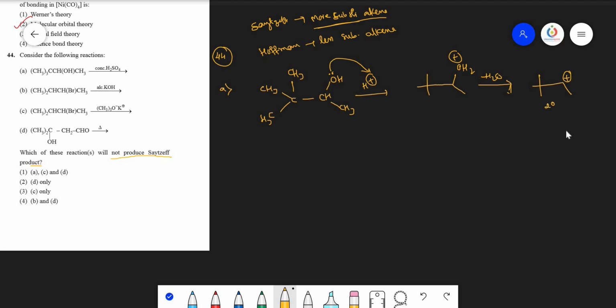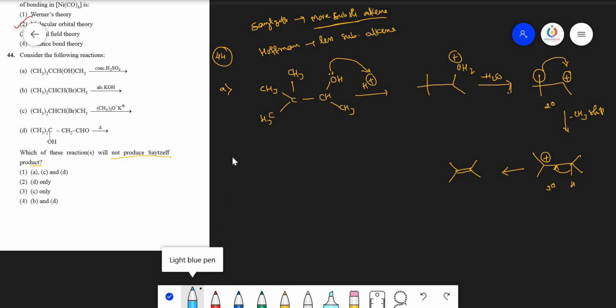This is a secondary carbocation which is a bit unstable, so a methyl shift takes place immediately to get the more stable tertiary carbocation. Now there is a loss of H plus ion from here and we get the more substituted alkene as the major product in option A.